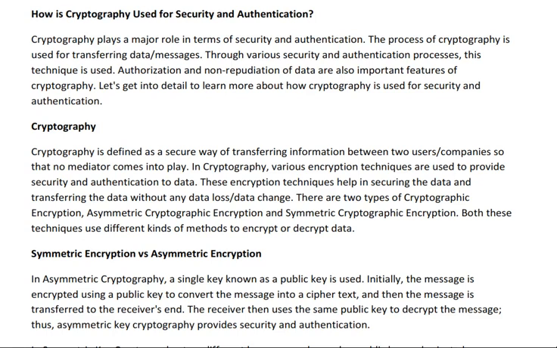Initially, the message is encrypted using the key to convert it into cipher text. Then the message is transferred to the receiver's end. Then the receiver uses the same key to decrypt the message. Thus, symmetric key cryptography provides security and authentication.